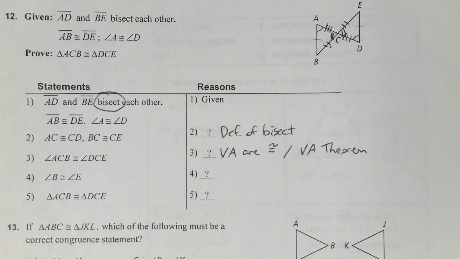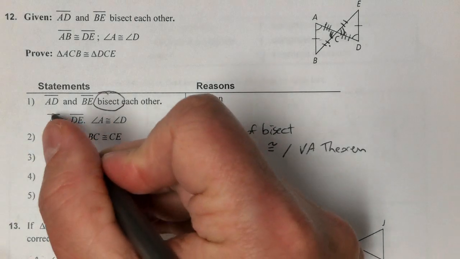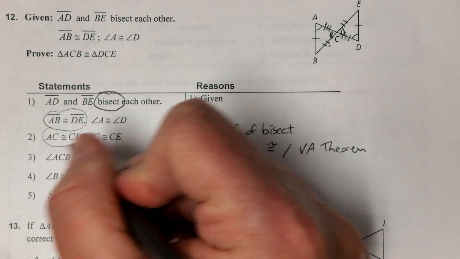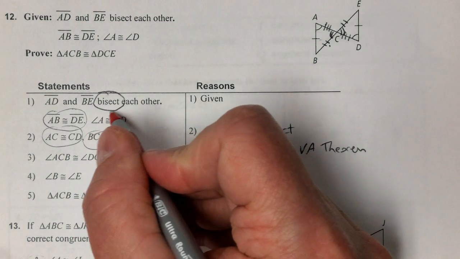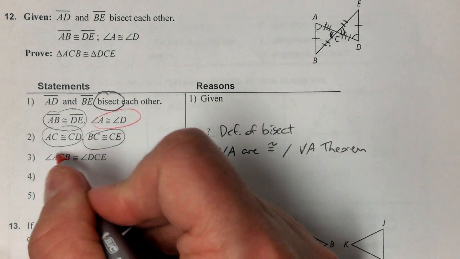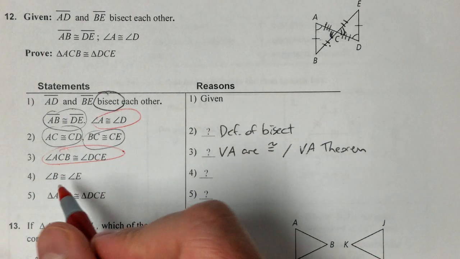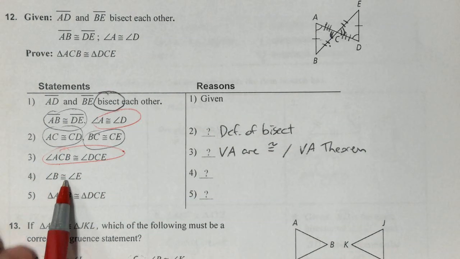Okay, so now do we have 3 sets of sides that are equal? There's 1, there's 2, there's 3. So yes, we do. And this one we've got 1, 2. Need to do this one.